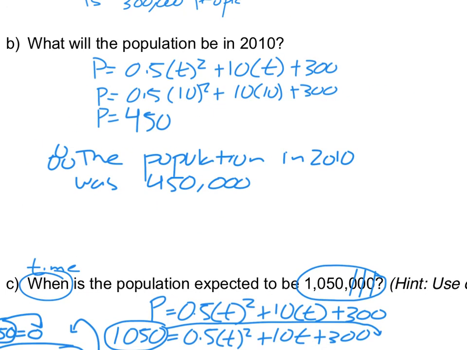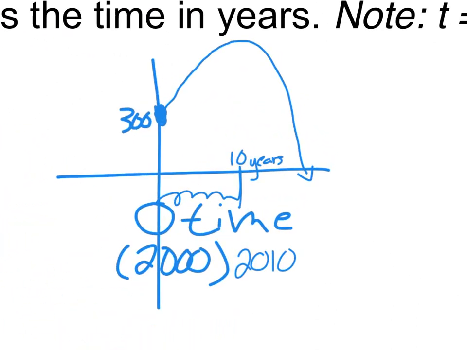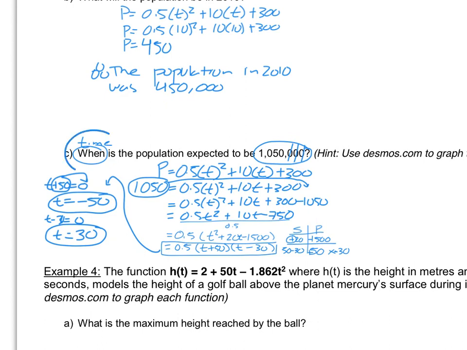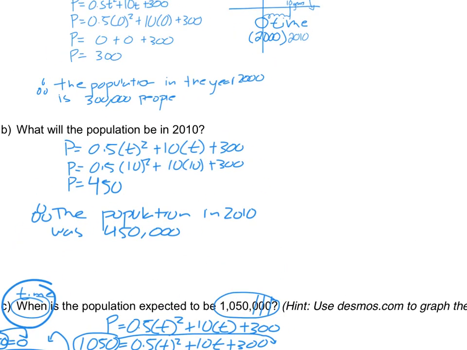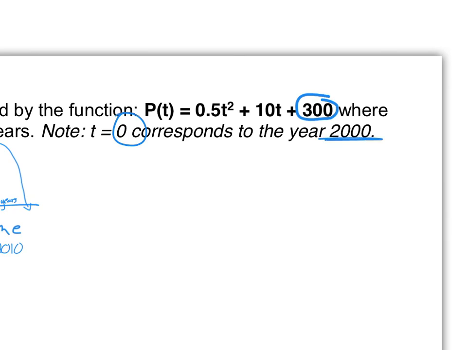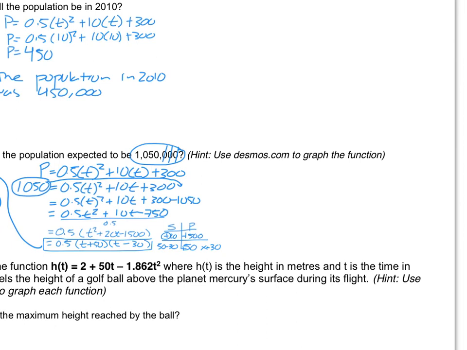So if I go back to that little graph that I gave myself, 30 years after, I would get a population of 1,050,000. So what's 30 years? If it's asking me when, you can't just say in 30 years. You have to give a specific date. So my starting point, to go back to the question, year 0, is in the year 2000. So 30 years plus 2000 is the year 2030.